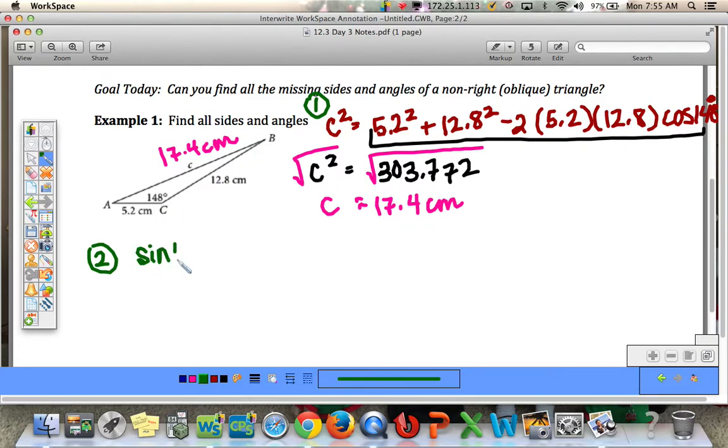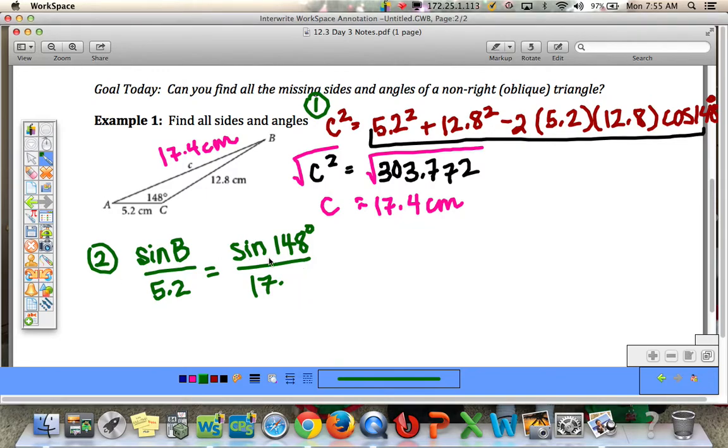So I have sine of B over its opposite side, 5.2. So sine of B over 5.2 equals our complete ratio, which is sine of C, and C is 148, over its opposite side, 17.4.